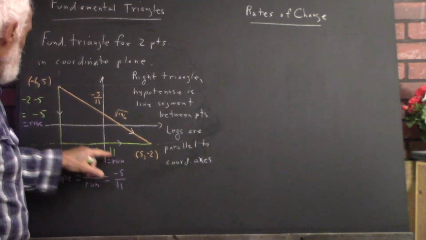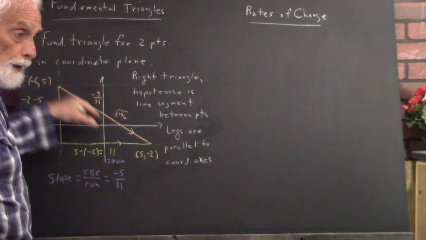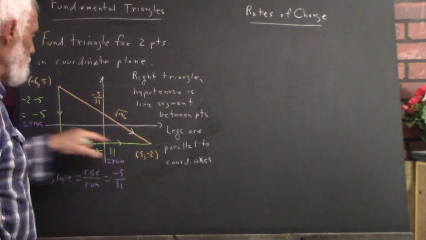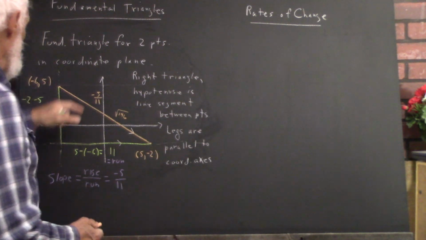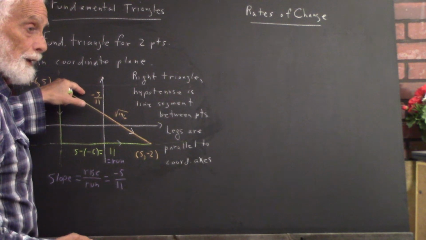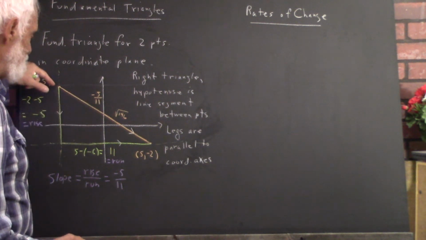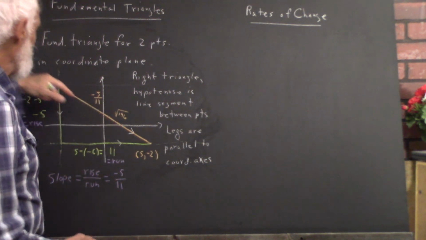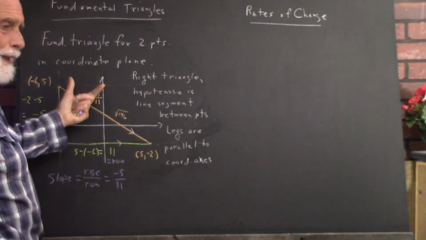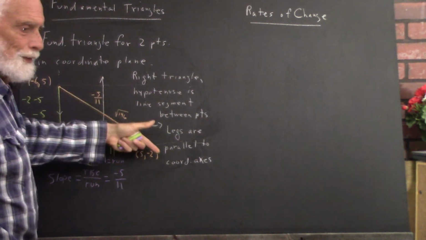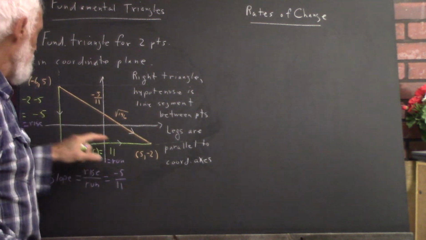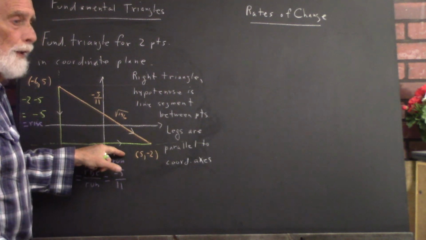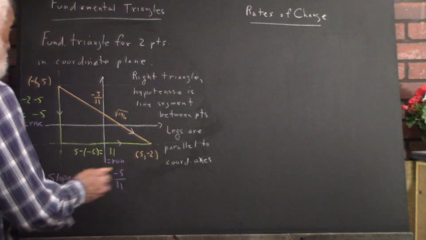A number along a side or a leg represents a displacement or a length. Okay? On a hypotenuse, it's just a length because this is not along a coordinate axis. It doesn't have a displacement, it only has a length, the hypotenuse. These are parallel to coordinate axes. They have displacements. Okay.